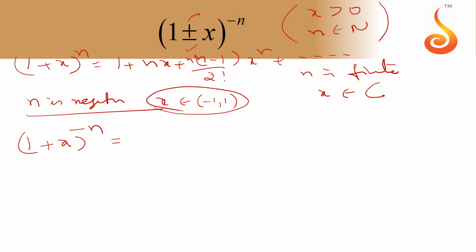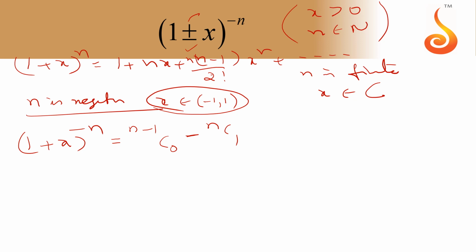So what is (1 plus x) whole to the power of minus n? Please remember, whenever you have it like this, you start with (n minus 1)C0. When you have plus inside and the power is of opposite sign, the power is minus and the x coefficient is positive, you have to take alternate plus minus.